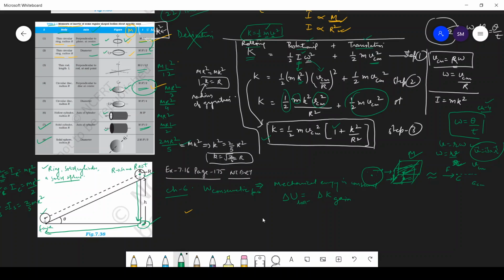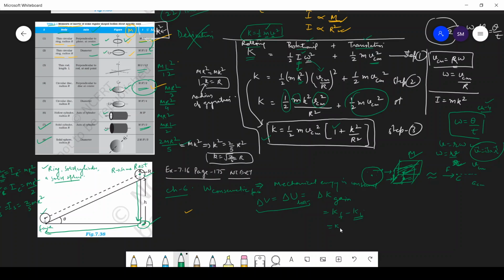So how much is the potential energy lost? See, this is height h. So they had the potential energy mgh, and coming to the ground they are losing that potential energy and converting it. You can write potential energy as U, or you can write it as V, both are potential energies. That is equal to the kinetic energy gained by the body. The kinetic energy gain is final minus initial, and here initial is 0.